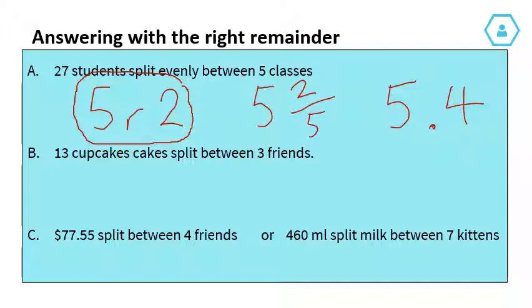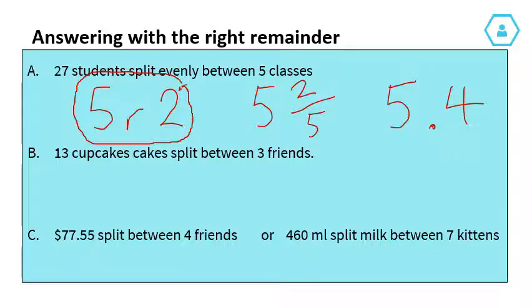We can't split somebody up into fifths and send part of them to one class and one to the other, like not ethically anyway. And 5.4, it really doesn't make any sense either. It's basically the same as a fraction here. So here, this whole number answer, whole number remainder makes the most sense because we're dealing with whole people here.